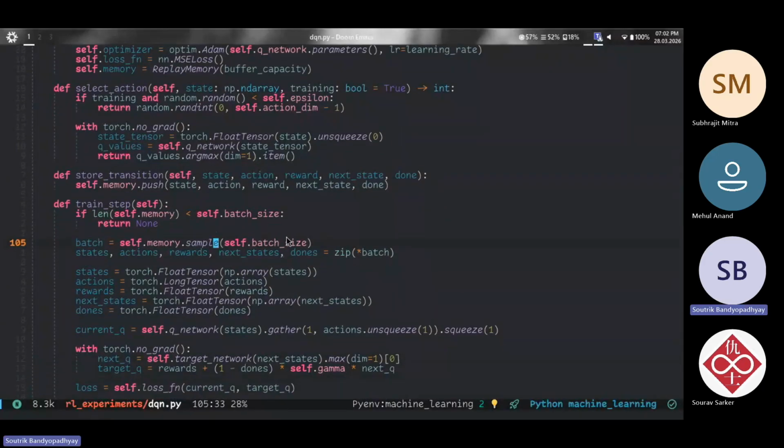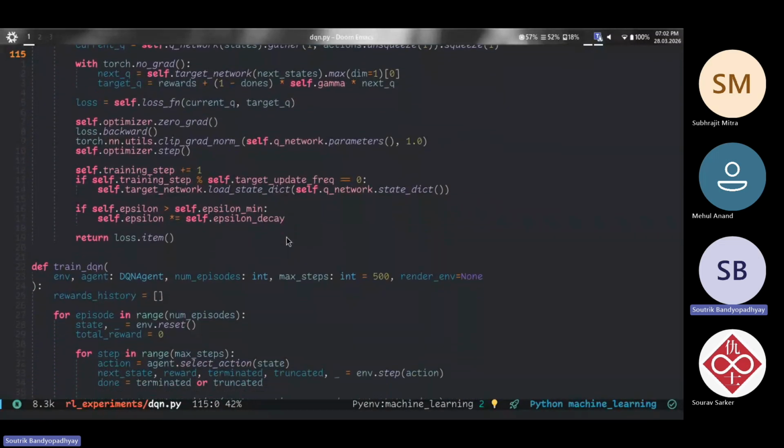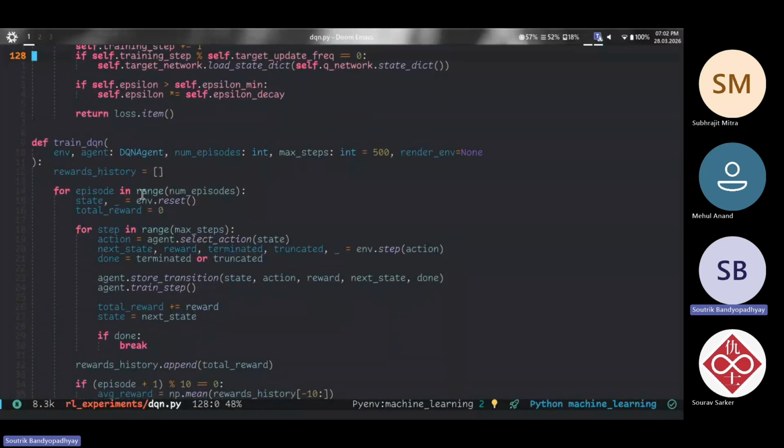So when you try to learn this DQN, you have an episode, and this environment is the OpenAI gymnasium environment. So you reset the environment, and you observe the initial state, right?